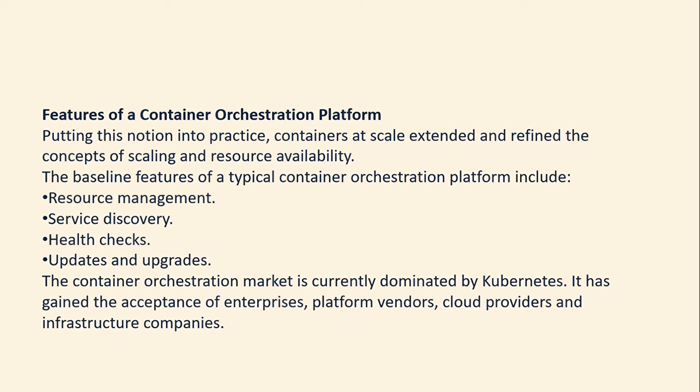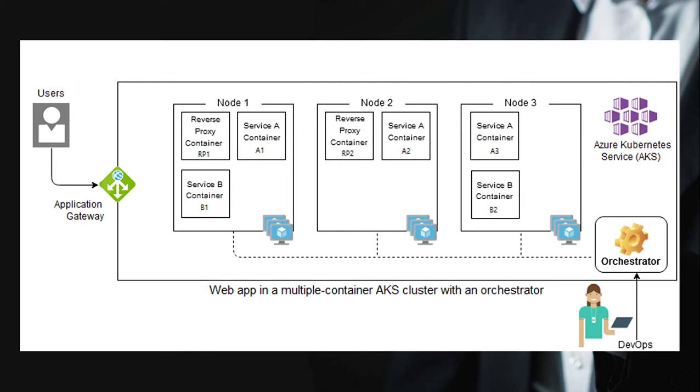The container orchestration market is currently dominated by Kubernetes. It is very popular. It has gained the acceptance of enterprises, platform vendors, cloud providers, and infrastructure companies. You can see here on an Azure AKS cluster, the DevOps team using the orchestration tool manages a couple of nodes very easily.